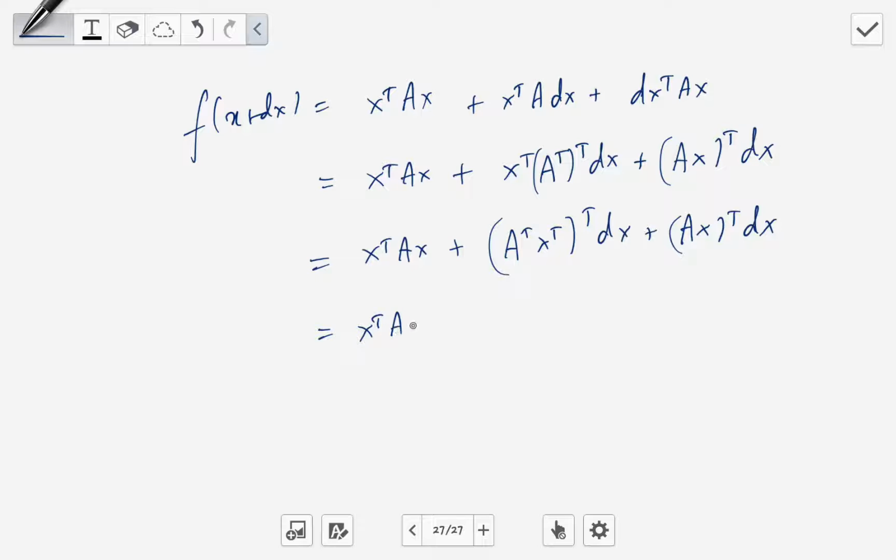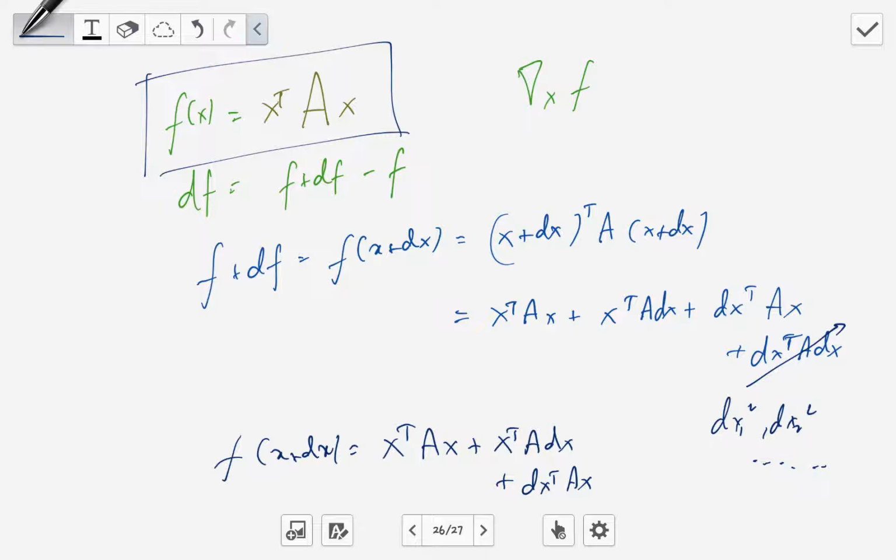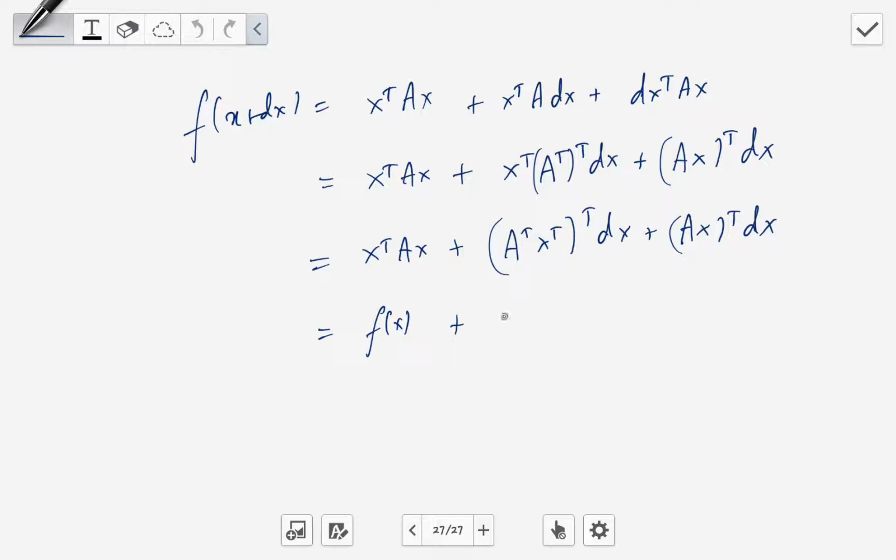This is x transpose Ax plus, you can replace this by f of x. Wasn't that? Yes, this was the f of x chosen. Since I can do that, I can write this as A transpose x, sorry, there is no x transpose here. This transpose has been taken out. So this is A transpose x plus Ax whole transpose dx. Now this left hand side is f plus df.